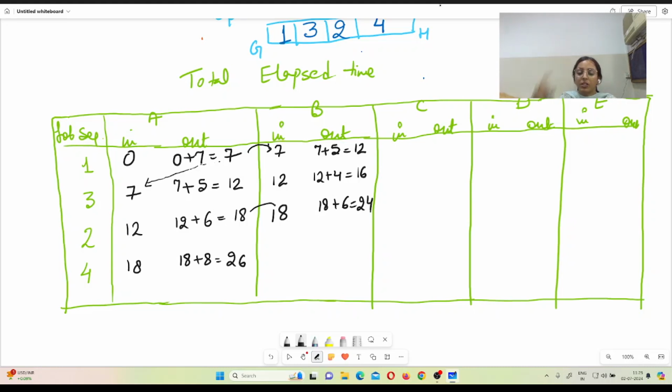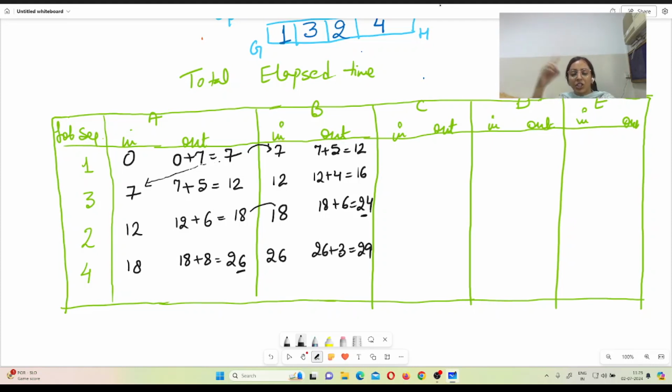How does this come up? From the same case scenario, that is the processing time which is given in the question. Now this is again 24, and it is 26. That means it has done its work earlier. Wait for 2 hours, then it will come up. That will be 26. And 26 plus 3, that is the processing time, will be 29.